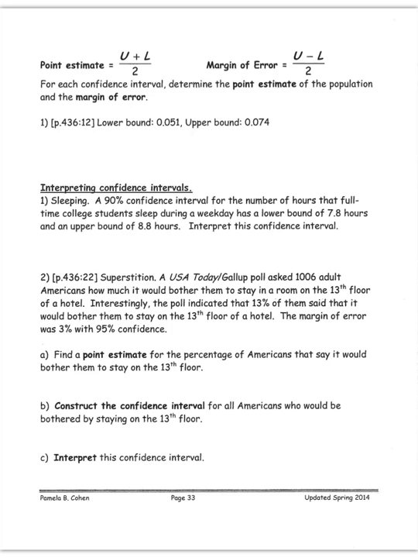7.4%. So whatever data that's from, they're saying that we think the actual proportion is between 5.1 and 7.4%. So I want to find the point estimate itself.